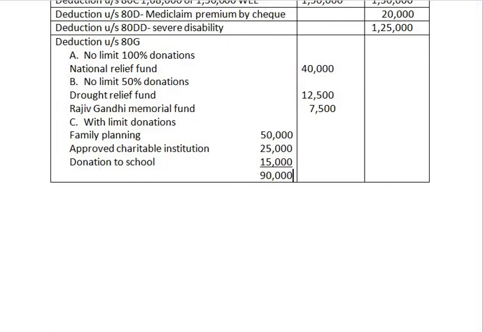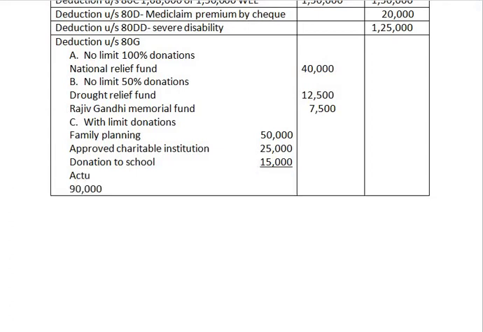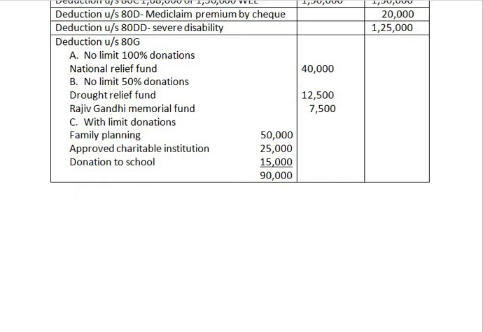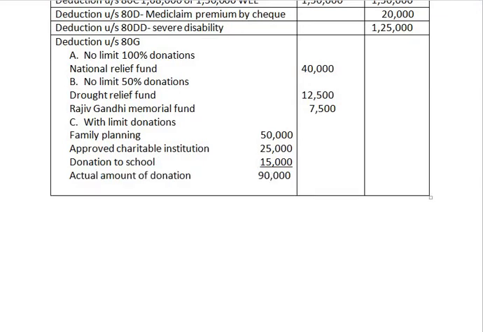Now this total is the actual amount of donation, or 10% of adjusted GTI, adjusted gross total income, whichever is less.